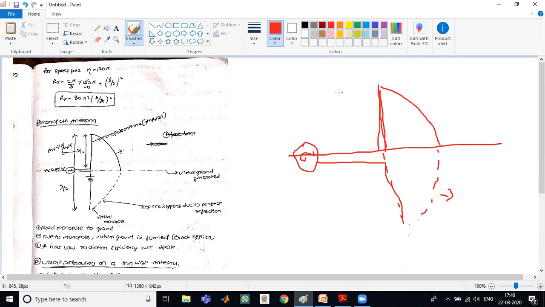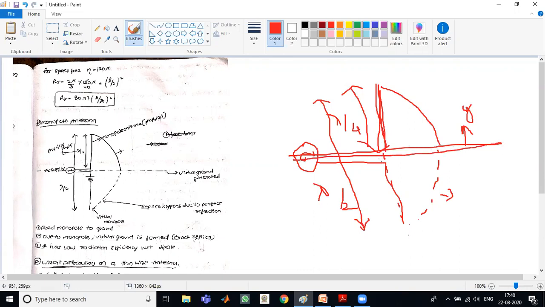This is the physical length of the antenna, that is lambda by 4, and this is the total length of the antenna, lambda by 2, and this is the ground. See, if you install the antenna on the ground, this shadow-like thing appears, and this is the current produced, and this is the shadowing, that is the replica of the antenna. This is the structure of the monopole antenna.